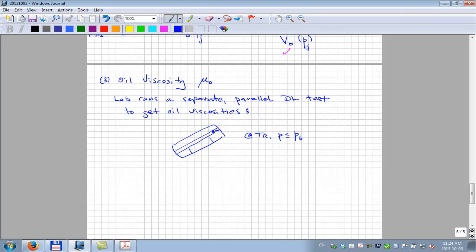It will roll down the hole through the oil, and the time it takes, basically you have to know the density difference between the ball and the oil.